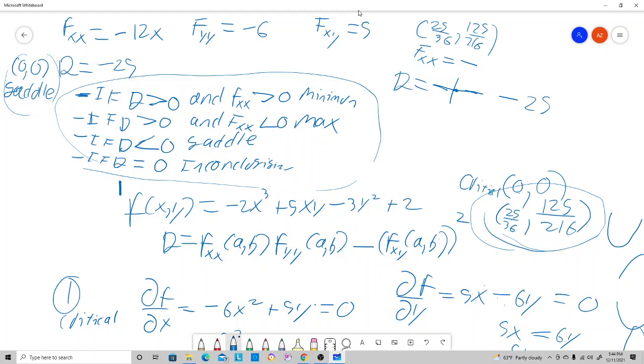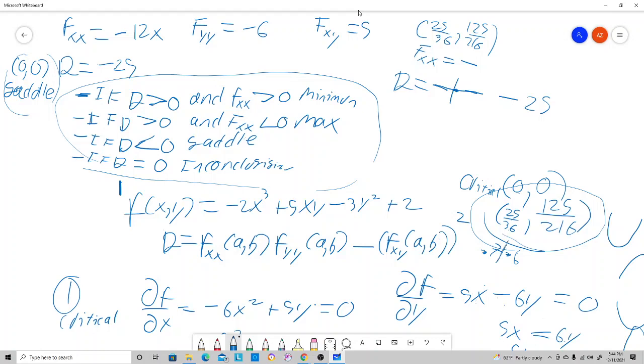Okay, this is the instance where we actually have to calculate it. Let's think about it. This fraction is going to be about 0.7, and this 125 over 216 is another small fraction, maybe 0.6. I'm just guesstimating right now.